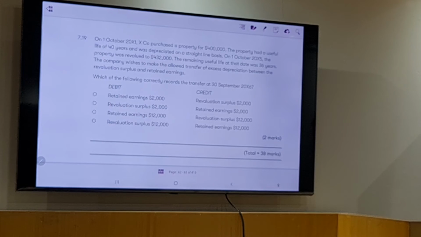We are doing a revaluation. When you do a revaluation, the difference is like a profit, a gain. Originally the value was 400,000. After how many years? 4 years, right? So after 4 years, 40,000 each year, that means 360,000 is the net book value. Now what is the new value? 432.